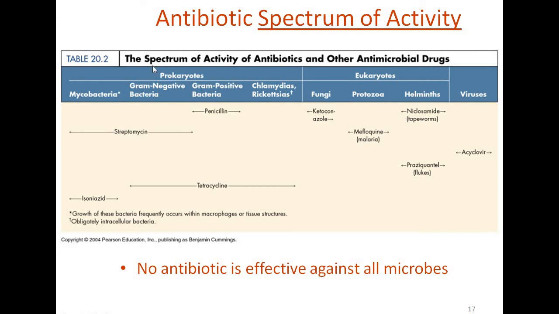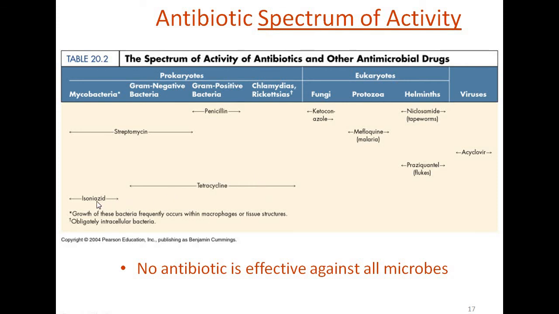This table shows the spectrum of activity of antibiotics and other antimicrobial drugs. For example, here we have streptomycin, which is effective against mycobacteria and gram-negative bacteria. No activity against gram-positive organisms, chlamydia, fungi, etc. Tetracycline, which is a broad-spectrum antibiotic, is effective against gram-negative organisms and gram-positive organisms.